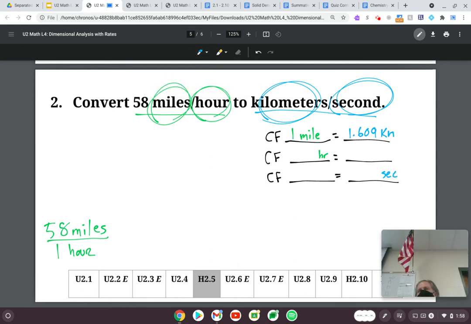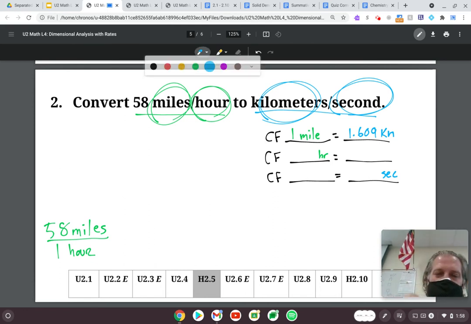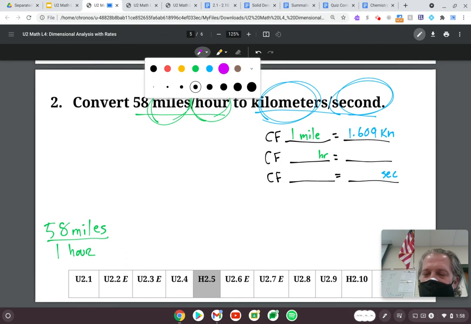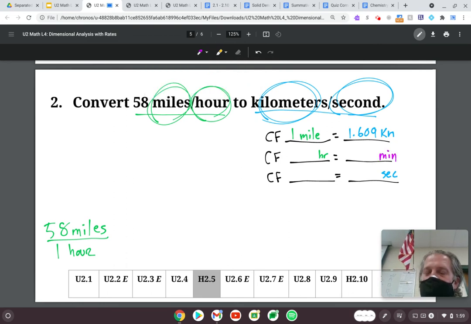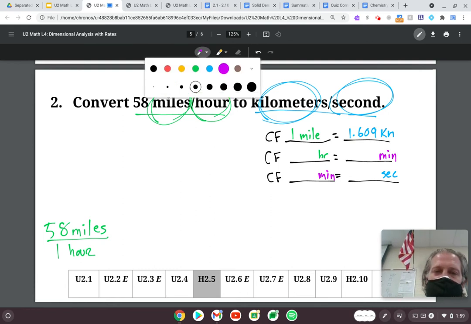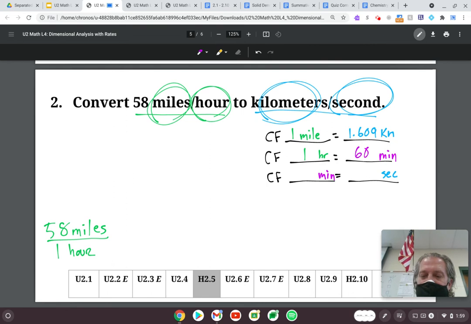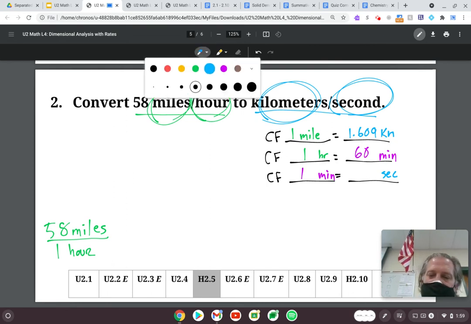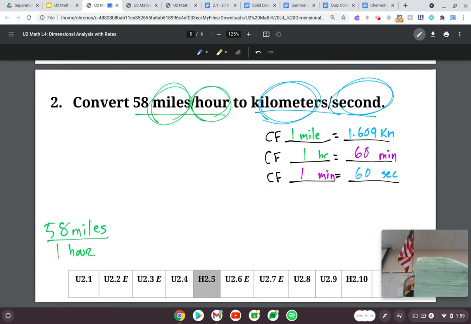What's a way to get from hours to seconds if I don't know the relationship directly? Many of you are screaming inside your head, go hours to minutes, and then minutes to seconds, right? According to our handy-dandy conversion chart, 1 hour is equal to 60 minutes, and 1 minute is equal to 60 seconds, or just general knowledge that you happen to know.